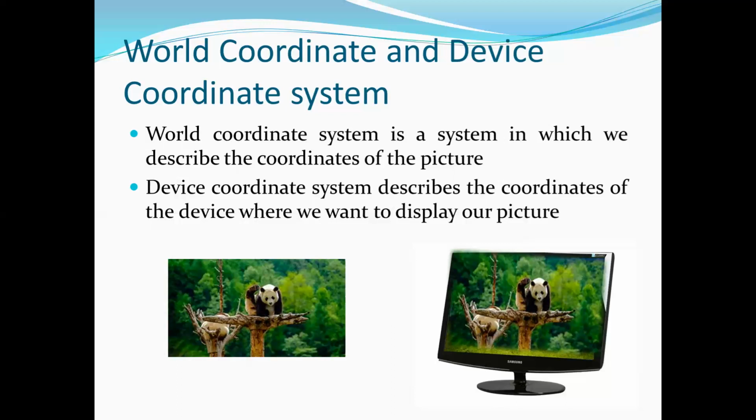So basically there are two types of coordinate system. The location or position of each object in our surroundings has a coordinate system, and that coordinate system is called the world coordinate system. So the world coordinate system describes the coordinates of the picture. Now while we want to project that picture through the display device, the position of the object in that picture will be guided by the coordinates of the display device.